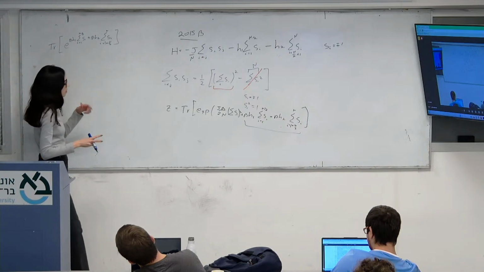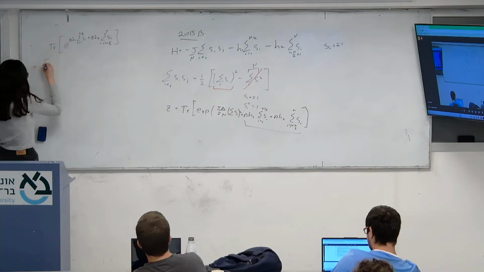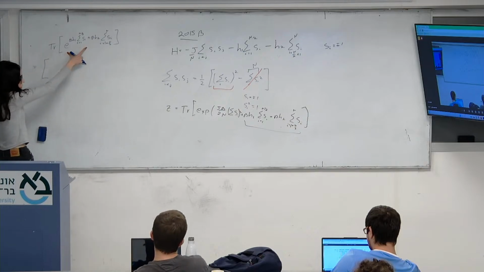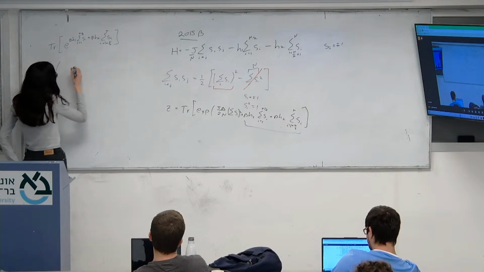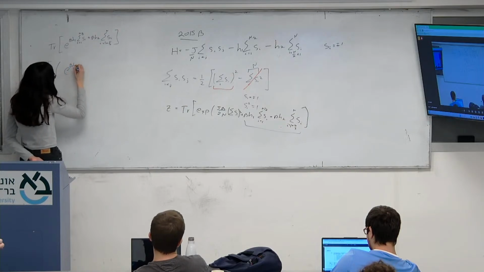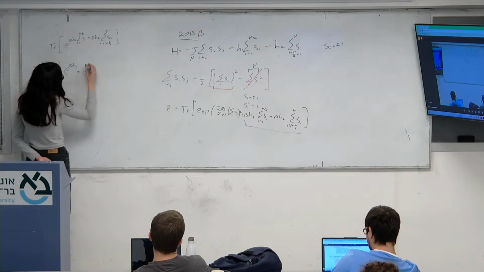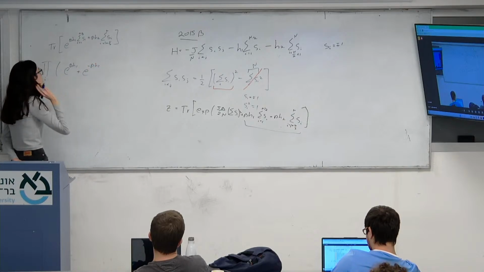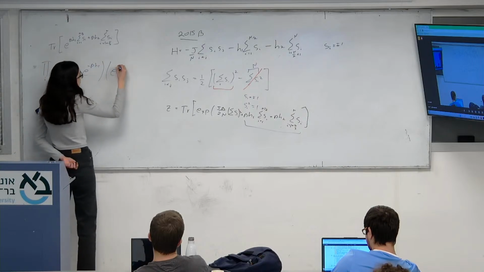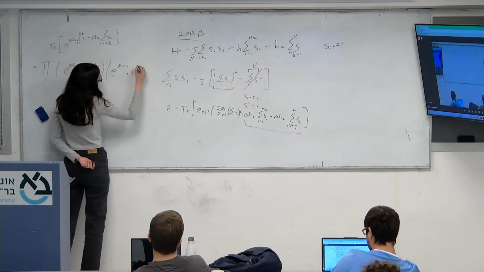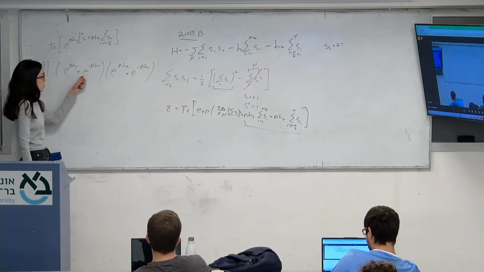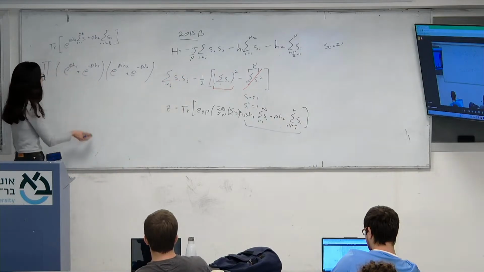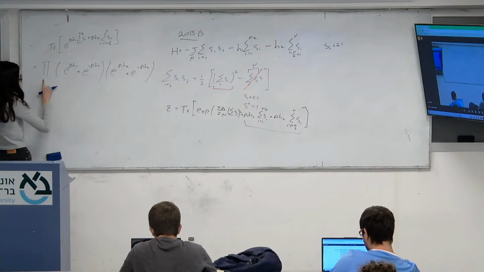So now when I have the multiplication over n, I do first the summation of all of the spins, the different states of the spin, and when I do the multiplication, I'm going to have two different multiplications.